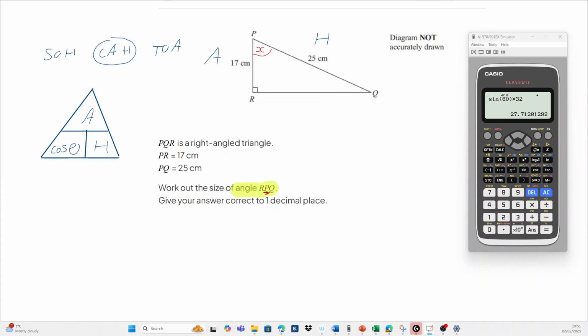Now what you're actually trying to find here is the angle, which is the angle part of the formula. So you're trying to find this cos theta part. So you say that cos theta is equal to, put your finger over here, A divided by H. So the adjacent side over the hypotenuse. And then you put in your values.